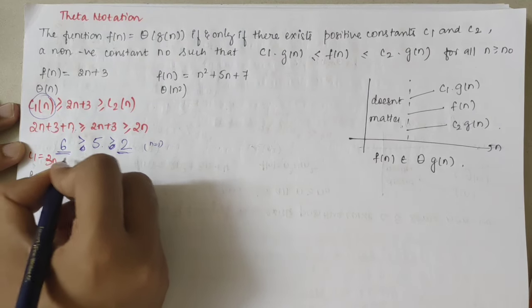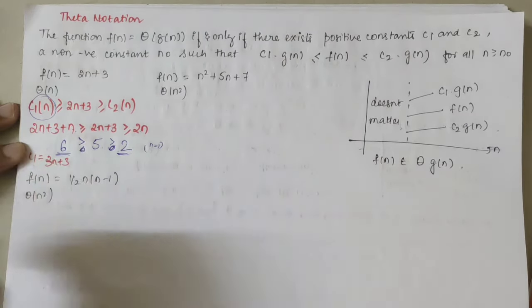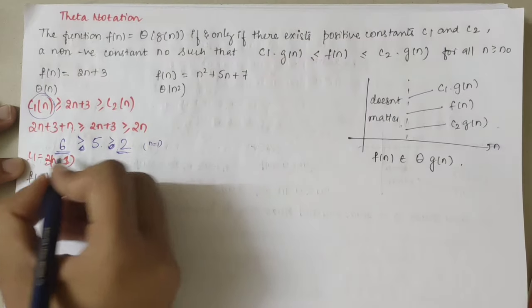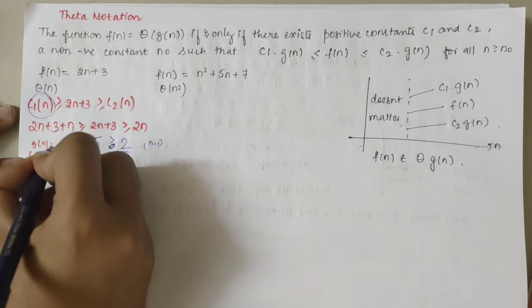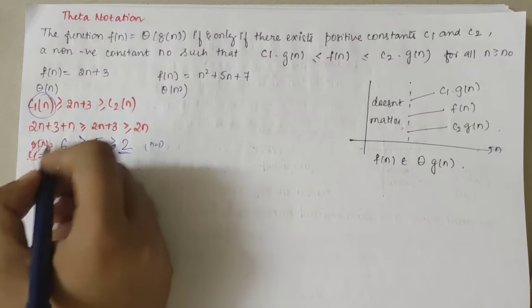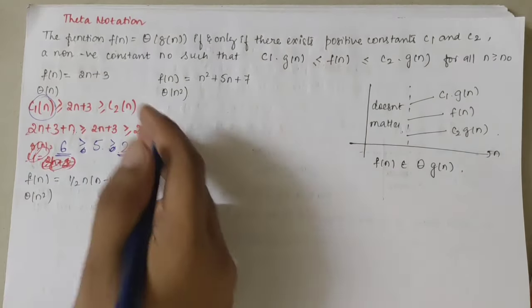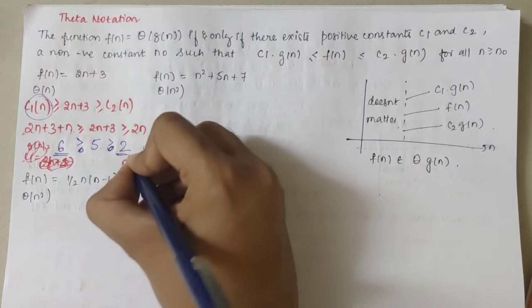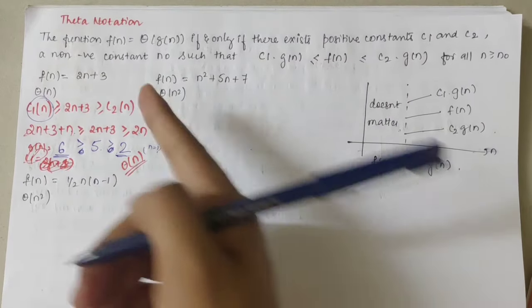If I take 3 common outside, I get n plus 1, right? C1 is 3 and g of n is n plus 1. And on this side I have 2n, that comes under c2. So we can say that it obeys theta of n condition.